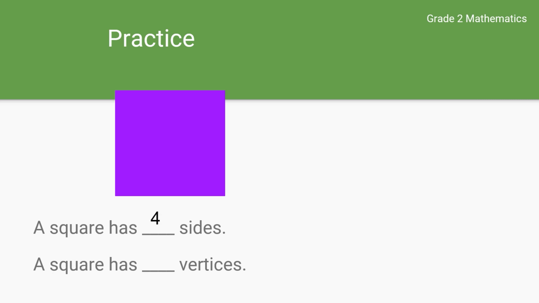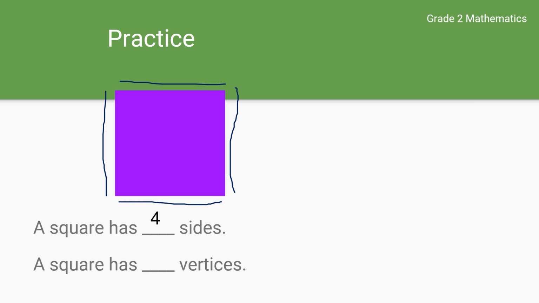The square has 4 sides. Let's count them. 1, 2, 3, 4. A square has 4 sides.